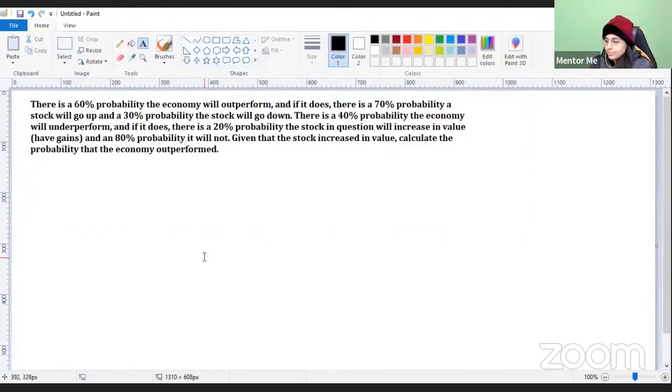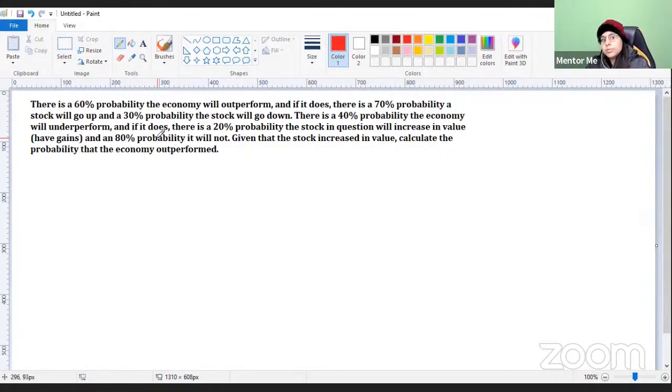Okay, so let's say this is the situation that we are dealing with. So what do we have? We have that there is a 60% probability the economy will outperform, and if it does, there is 70% probability of stock going up.